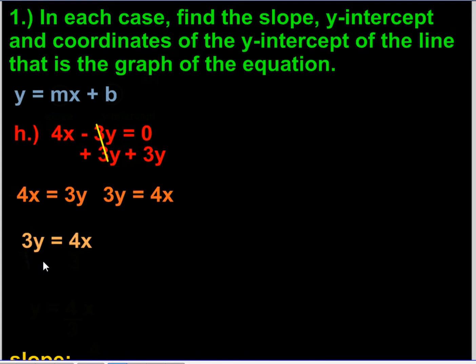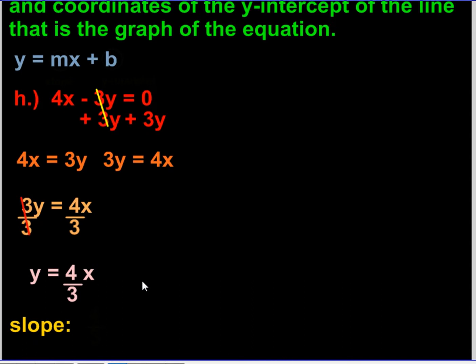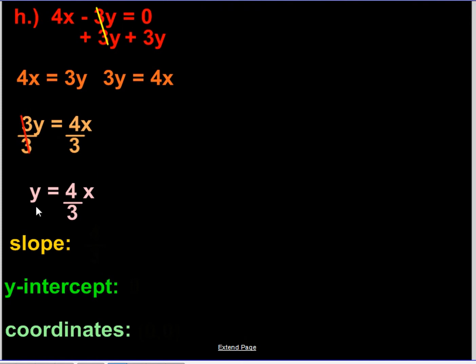Now we still want to isolate y, so we're going to divide by 3, and if we do that on this side, we've got to do that on this side. And that's going to bring us to y equals 4/3 x. At this point we've isolated y, so we can figure out what our slope, our y-intercept, and our coordinates are.